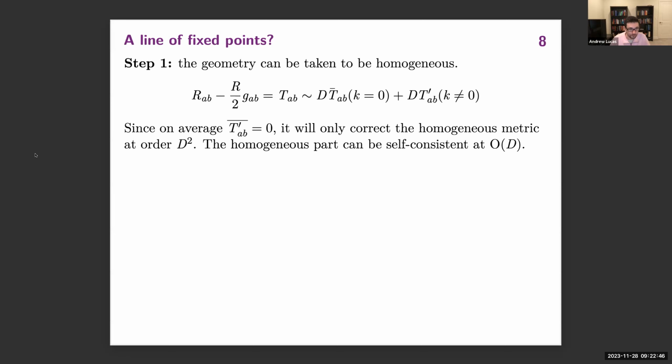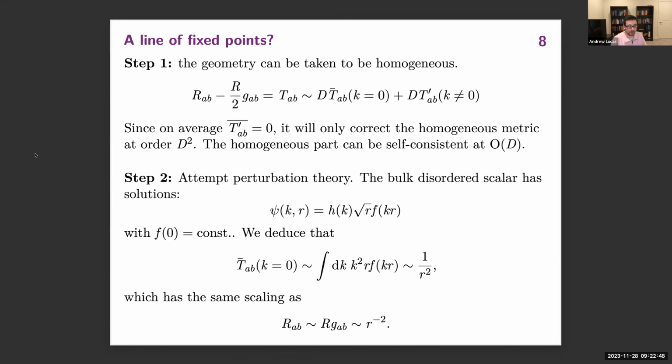Okay. All right. So if the IR geometry is homogeneous, the next step is to attempt perturbation theory. To actually construct the IR geometry, we're going to need to solve the bulk equations of motion. Andy, can I ask a question about the point you just explained? Hey. Yeah.